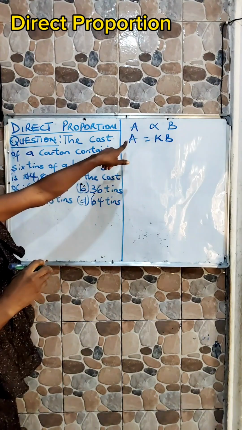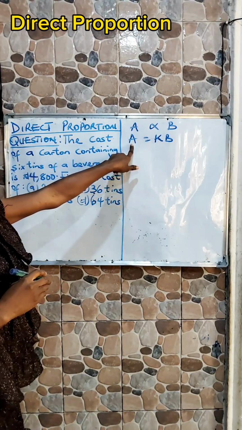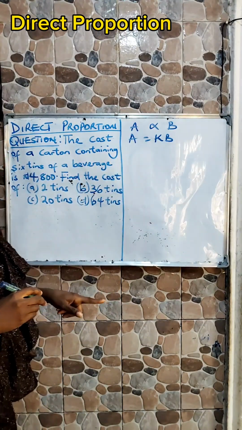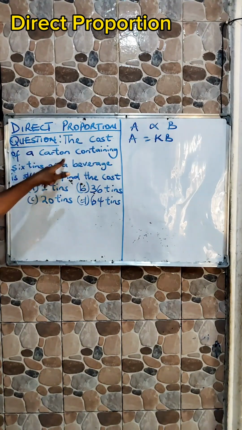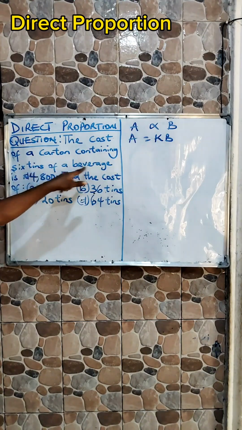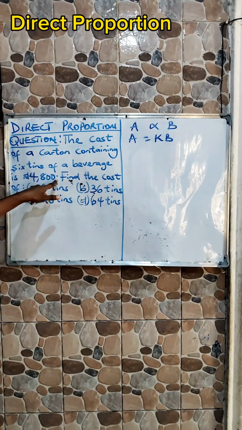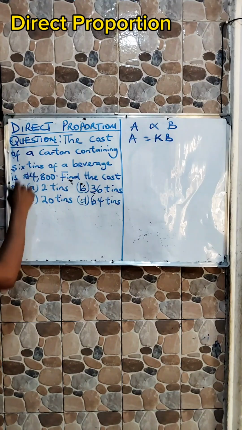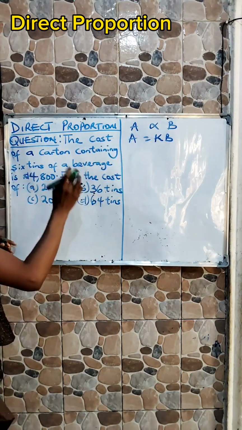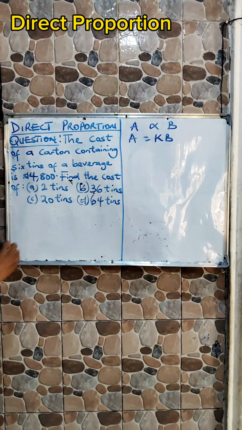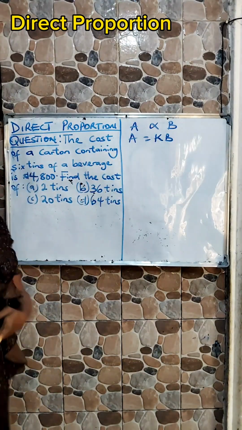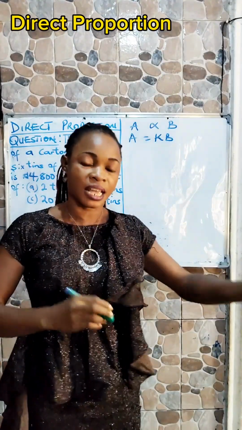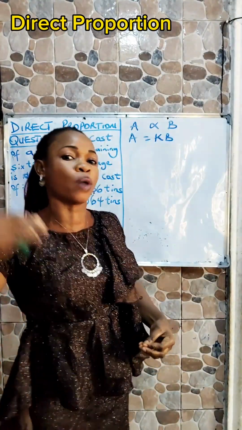Now, A is a dependent variable and B is an independent variable. In this case, the cost of a carton containing 6 tins of a beverage is 4,800. So now 6 tins cost 4,800. The dependent variable, which is A, is your amount, and B will be the number of things, because the amount to buy something is dependent on the quantity you are buying.